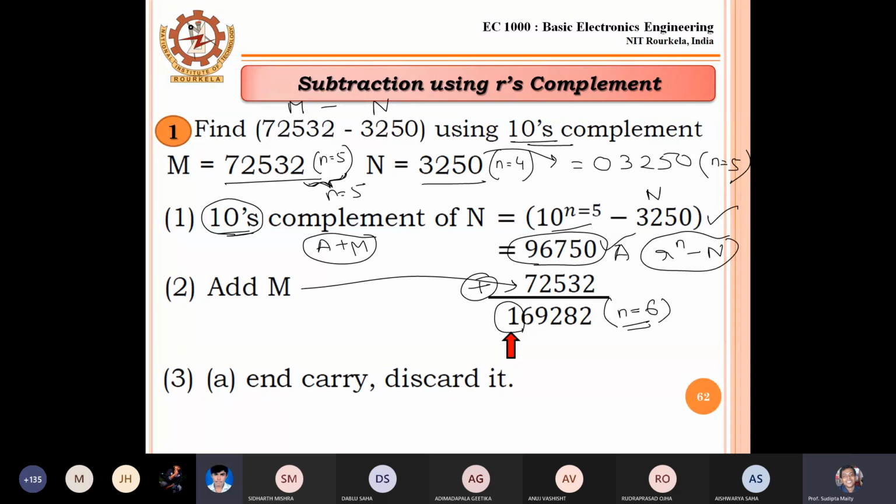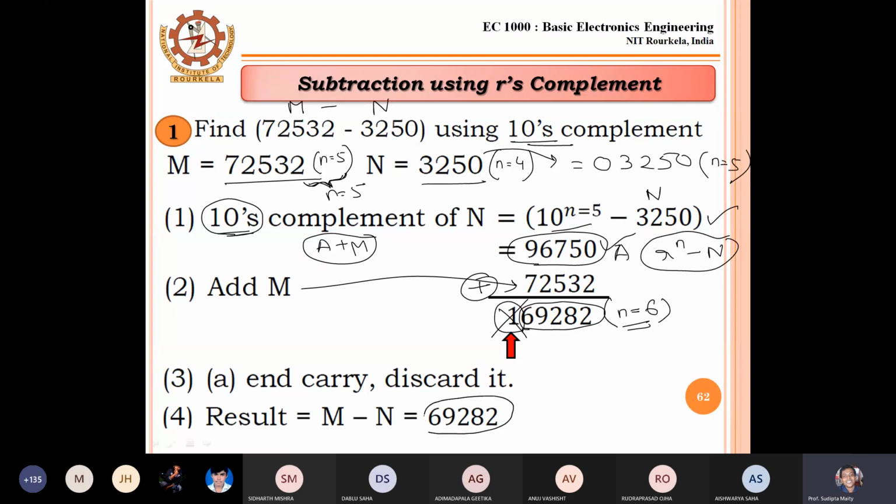Okay? Is it clear? As per 3A, if end carry, discard it. So I have to discard this end carry. Okay, now take this data only. So my resultant M minus N is nothing but 69282. You perform normal operations and you will get the same result.